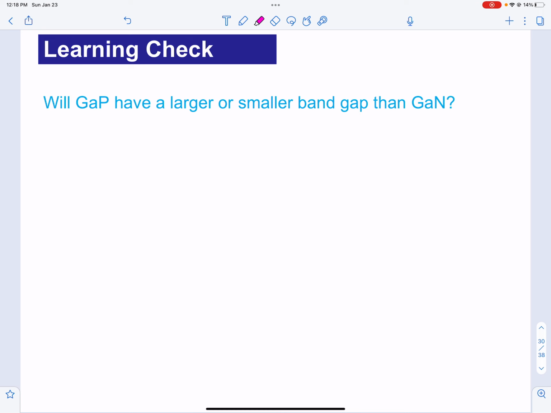So let's do a problem. Will gallium phosphide have a larger or smaller band gap than gallium nitride? Well, obviously, gallium is the constant, right? So we're comparing nitrogen and phosphorus. So that's how they're located on the periodic table.